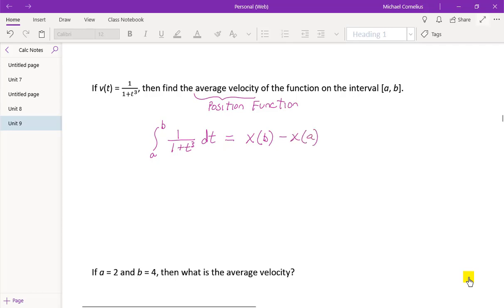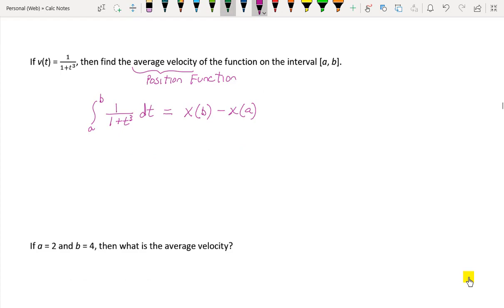That's what we talked about in our last unit, the fact that those two are equal to each other. The fundamental theorem of calculus says that if I want to compute this integral from a to b, I can use the position function or the antiderivative using the limits of a and b.